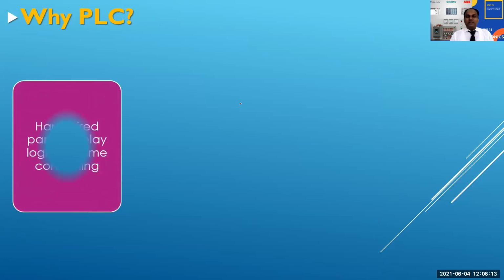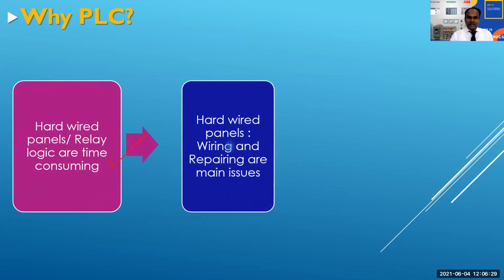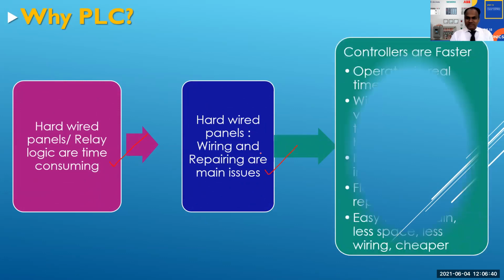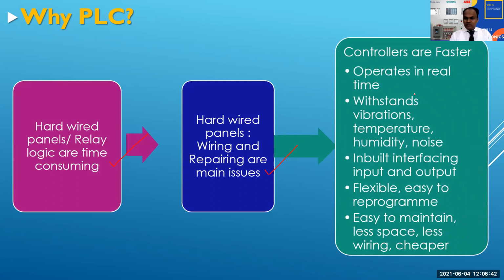Now, why PLC? Till then there were hardware panels, relays, but they are time consuming. They have some time restrictions and consume a lot of time. Second, they have repairing and maintenance issues. The main issues are wiring and repairing. So that's why we prefer PLCs, and the PLCs give you faster controlling.